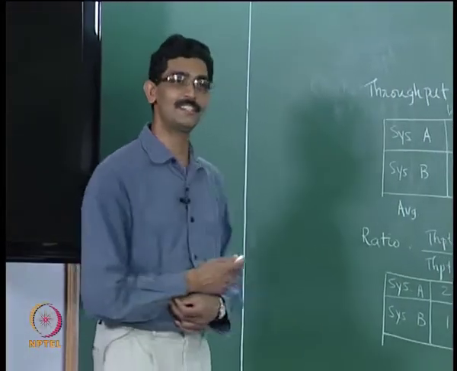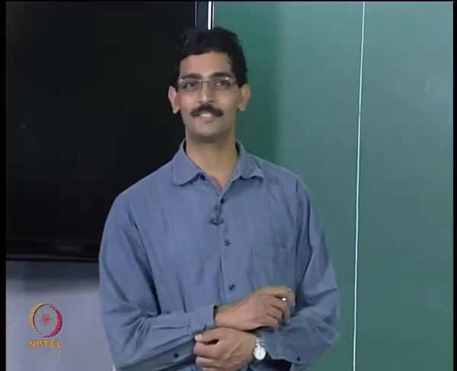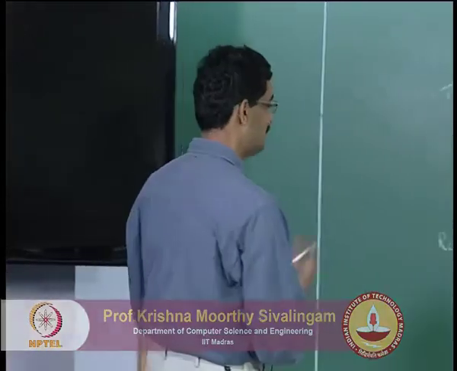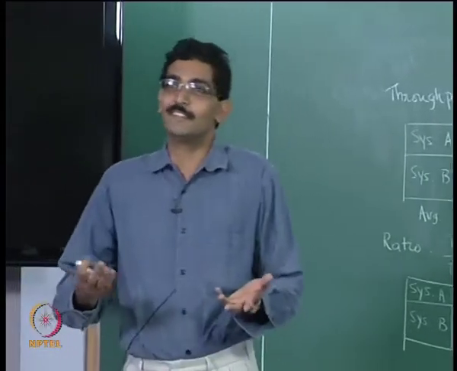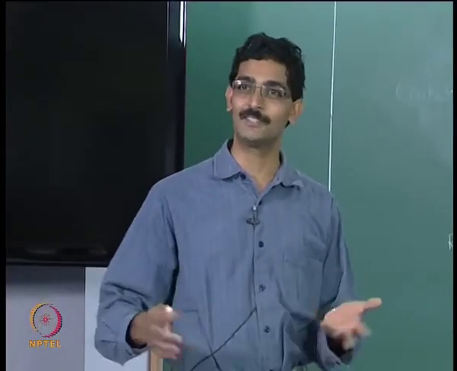You can call this analysis or presentation, whatever it is, but this is the way you twist the results to show that system A is better, and this is not what one should do. But you might see this in papers, and then you should say, okay, this is not correct. Not only in papers, even when you go to companies, you might be asked to compare two different systems, and when you run out of time and your boss says the report was due yesterday, you say okay fine, I will show you that this system is actually better.